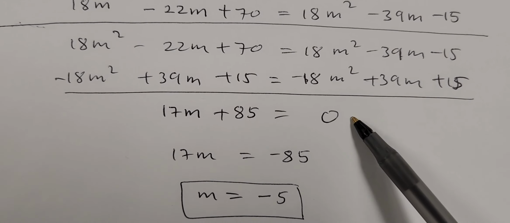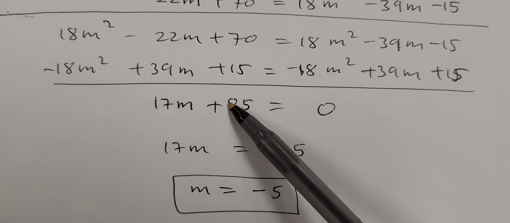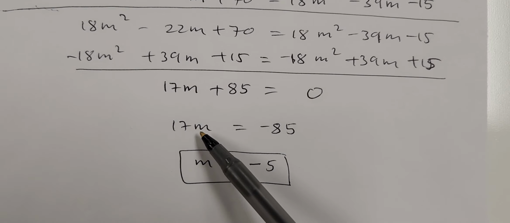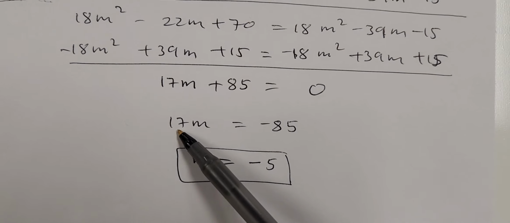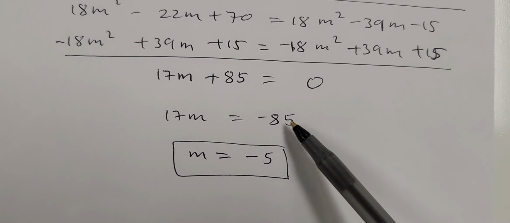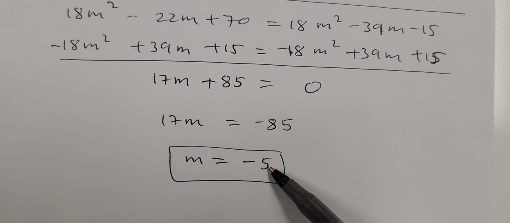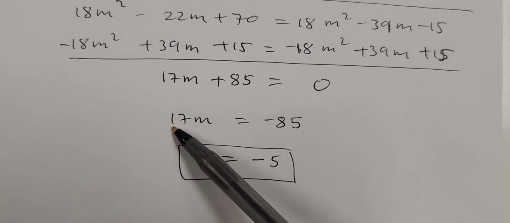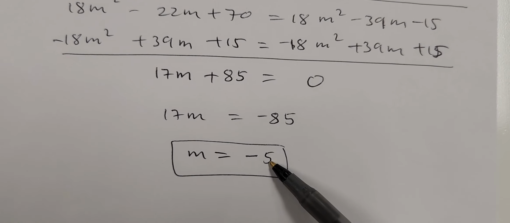I move the 85 over, so it becomes negative. Then I want m by itself, so divide both sides by 17. Negative 85 divided by 17 gives me negative 5.